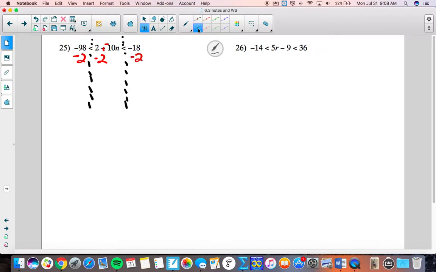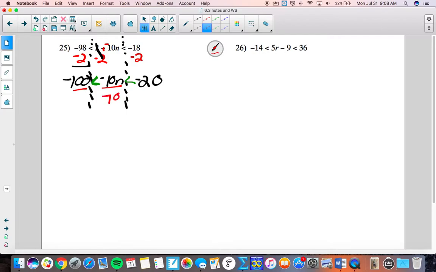So we get -100, -10n, -20. We took away 2. We didn't do any multiplying or dividing with that negative. That's not the operation we were doing. So we just bring down the inequalities as they were, no flipping. But now we divide by -10.